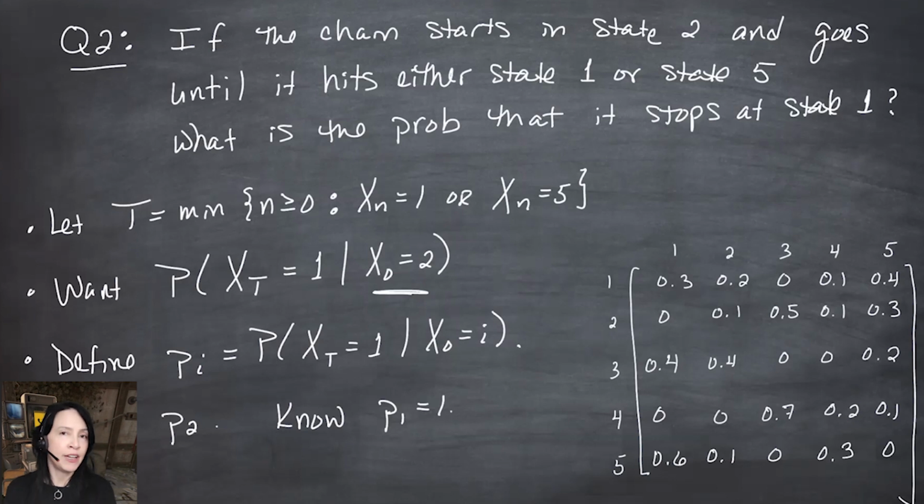And so the probability that when we stop, we're in state 1, that's not happening. We're stuck in 5. So the probability given we start in 5, that when we stop this chain, and by the way, we stop when we hit 1 or 5, the probability we stop at 1 is 0 because we've stopped and we're at 5. We've stopped before we even started.